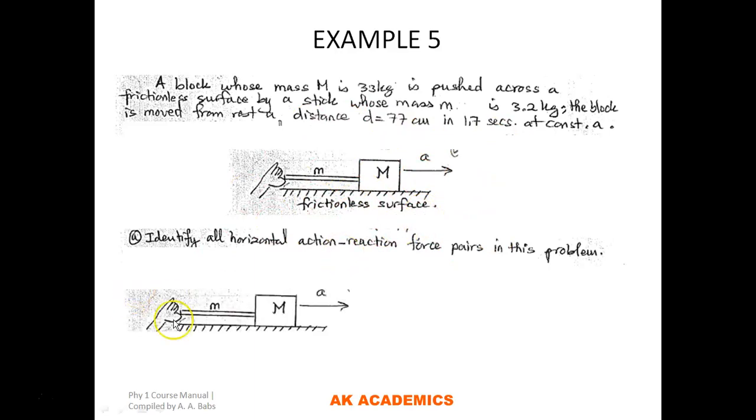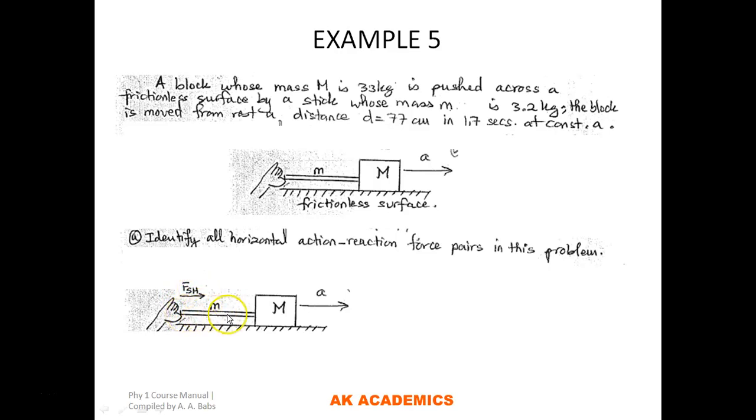First of all, when the hand pushes the stick, it pushes it with a force, which will be referred to as FSH. FSH means the force exerted by the hand on the stick, or you could say the force exerted on the stick by the hand.